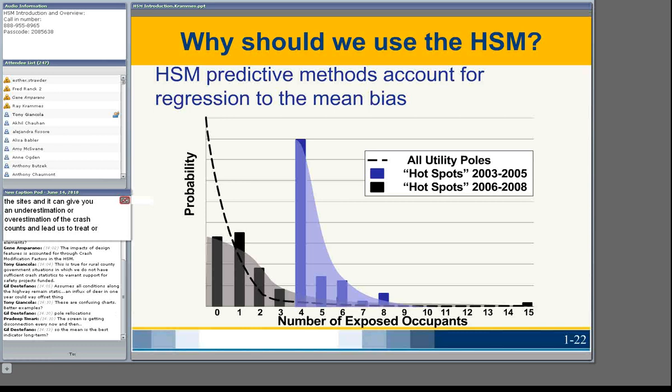Chapter 3, we get into the estimation methods that are presented in subsequent chapters.